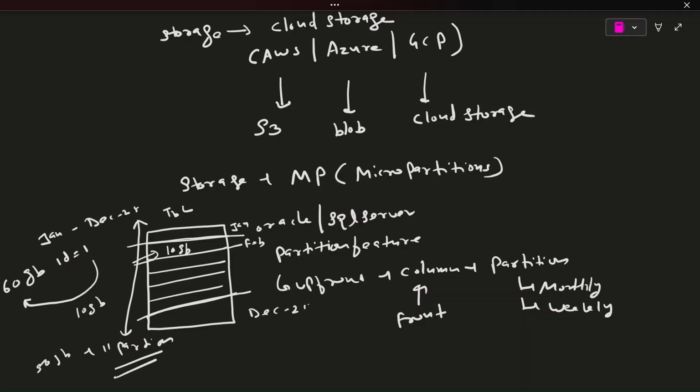Which means your data is not uniformly divided among the partitions because of this logic, because I am telling it to partition this table on a monthly basis. Which means if I am scanning any data which is sitting in the Feb month, I have to scan 10 GB of data. Or in other words, data is not uniformly distributed.